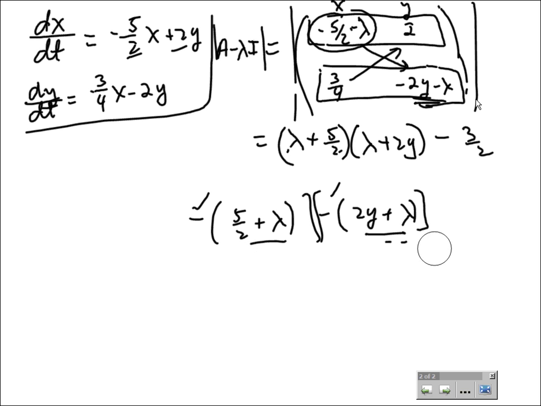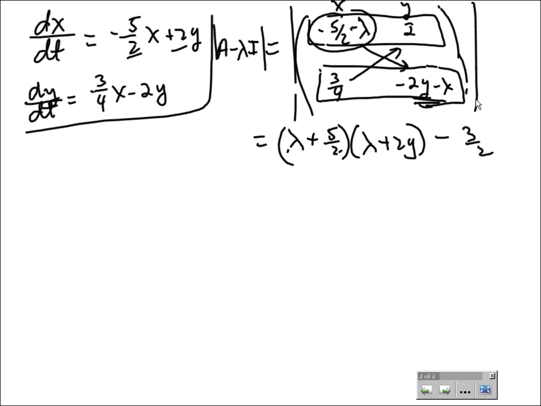Now we want to see when this equals 0, because we want this to equal 0. So you get lambda squared plus 5 halves plus 2. Now think of the 2 as 4 halves. So that's 9 halves. You add those two numbers, you get the number of lambdas.